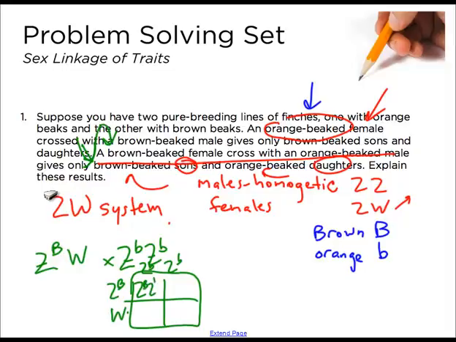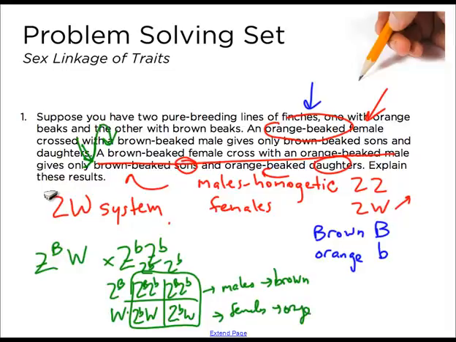So we got big B, little b, big B, little b. So all the males here are going to be heterozygous, but they are going to be brown. All the females, well, they're going to be Z little b W. All the females are orange.